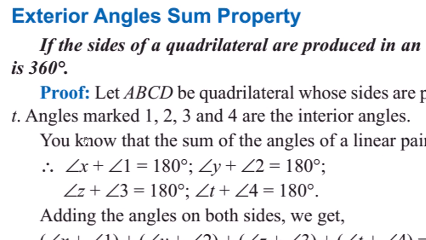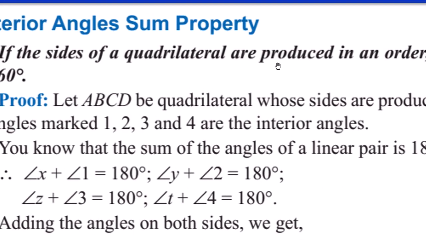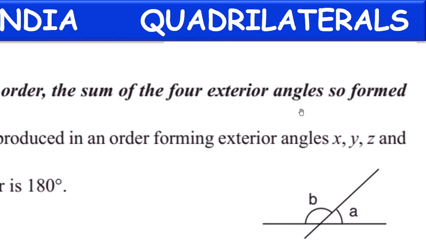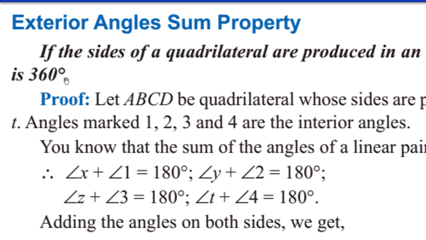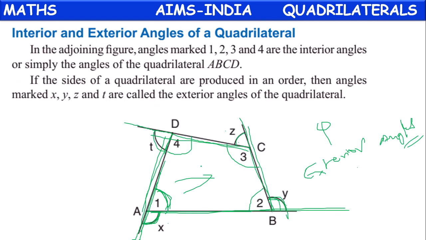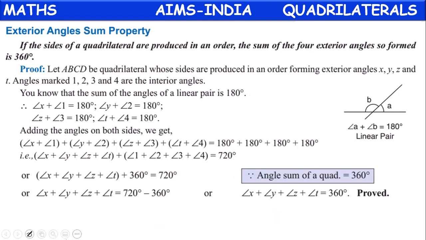Here, children, if the sides of a quadrilateral are produced in order, the sum of the four exterior angles so formed is 360 degrees. Not only is the sum of the inner angles of a quadrilateral 360, the sum of the exterior angles is also 360 degrees.